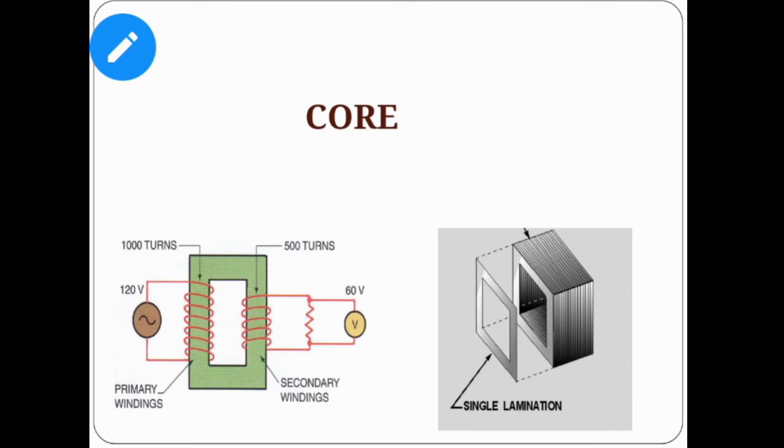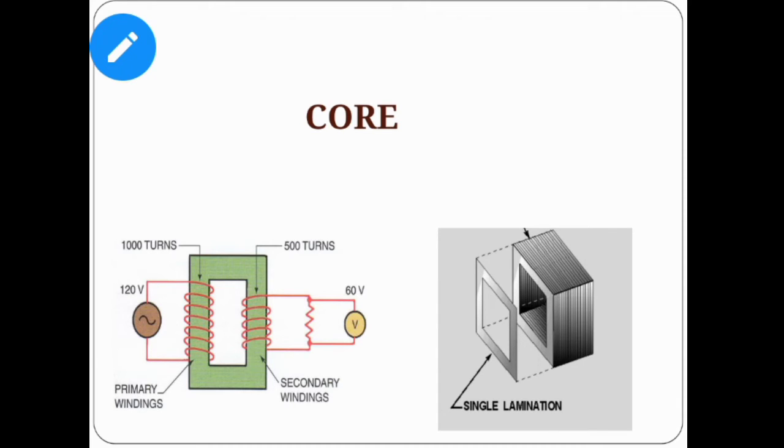So the core is the main important part, and it is made with silicon steel. Why silicon steel? The first reason is high permeability, the second is low reluctance for the flow of flux, and the third is that it has a low hysteresis coefficient.